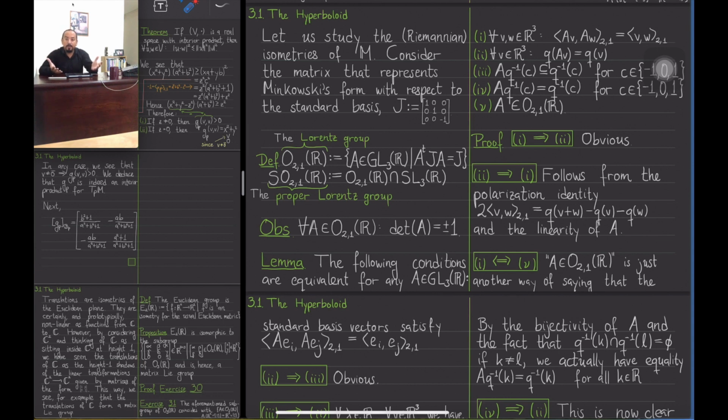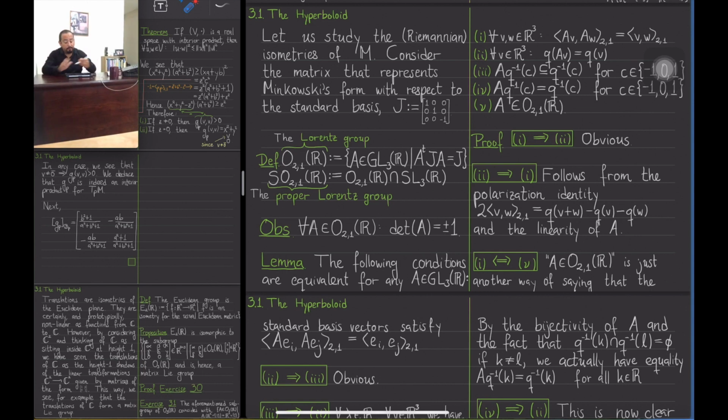Namely the Minkowski space, namely R3 with the Minkowski form, and a group that comes immediately to mind is, sorry, not O3. The group that preserves the Minkowski form, right?